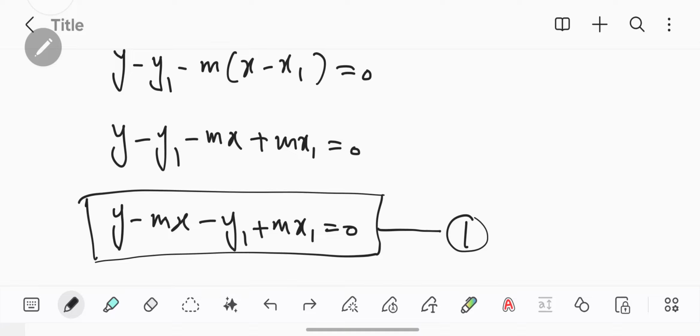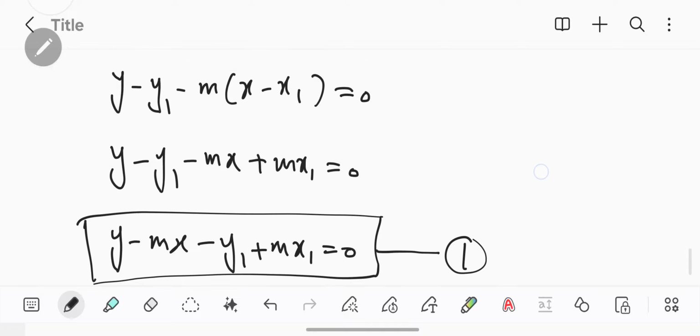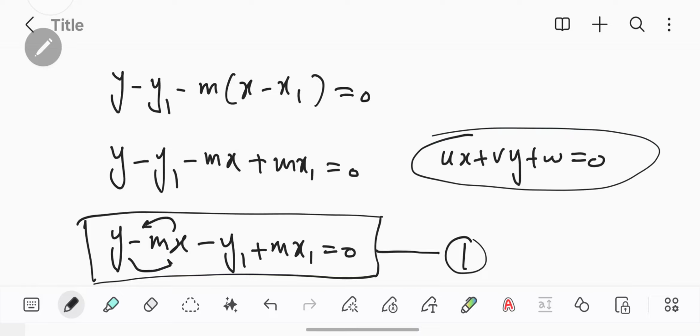So from the given point and slope, I have constructed an equation of line. In the previous video I told you that the general equation of line is represented by ux plus vy plus w equals 0. If you want to write this in that form, you can, by shifting their places.